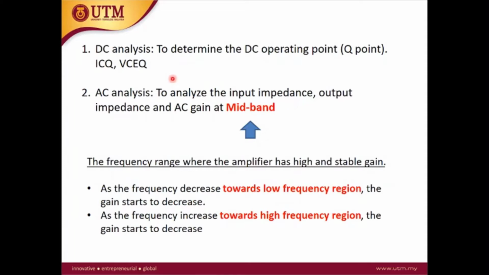Okay, and after that, if the BJT is in the active operating region, it means that the BJT can operate as an amplifier. So next we need to do the AC analysis to analyze the input impedance, output impedance, and the AC gain. This is the gain that relates to how much the output signal will be amplified by the BJT amplifier circuit.